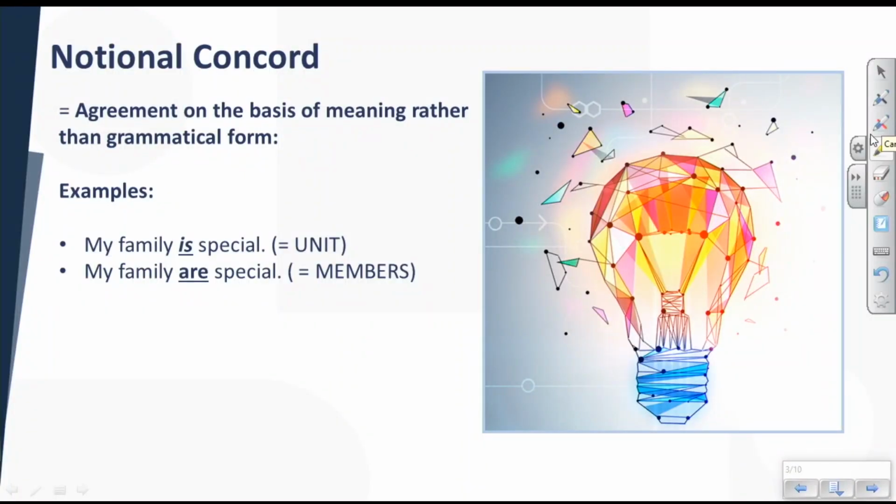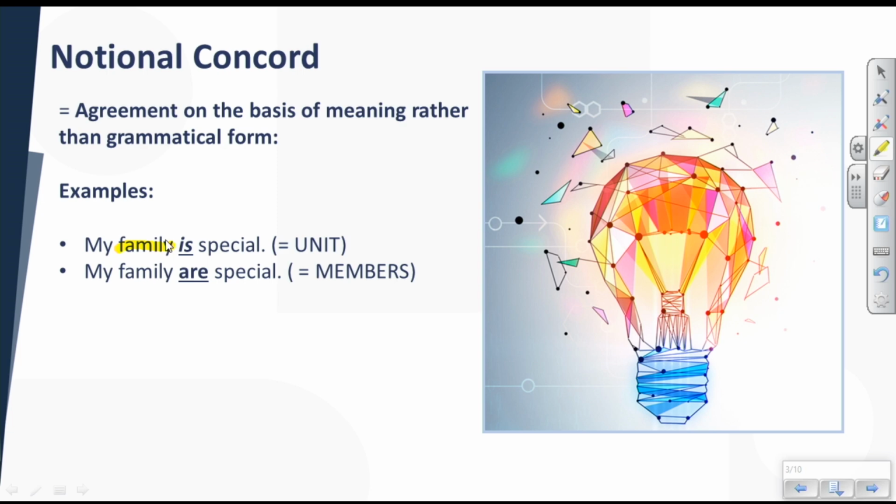For example, if I consider the noun family, I may see family as a unit, as an institution, so I say my family is special. I'm talking about the institution labeled family. However, if I think about each member of my family, my parents, my siblings, and so on, I'm not seeing it as a unit, as a whole, but I'm considering the elements or the parts of a group.